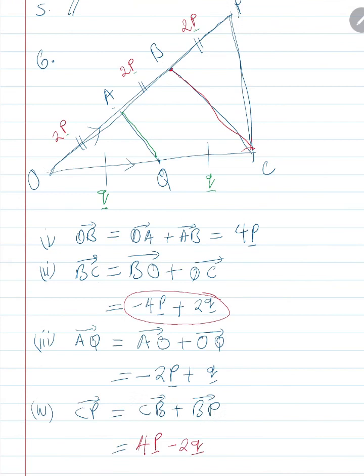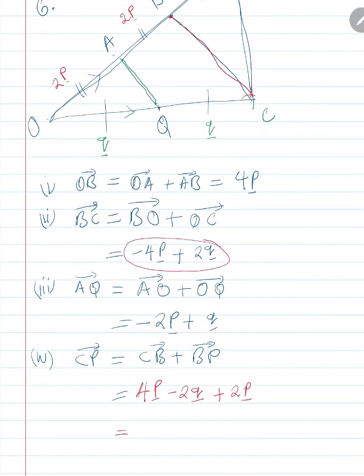Then plus BP, this is just the normal direction, which is 2P, so we can add the P and the P. This is 6P minus 2Q.